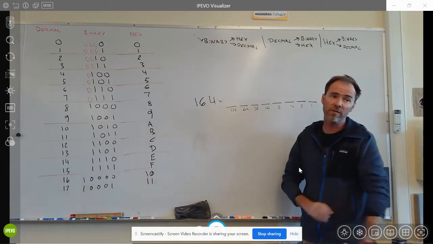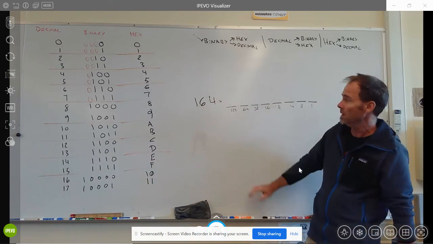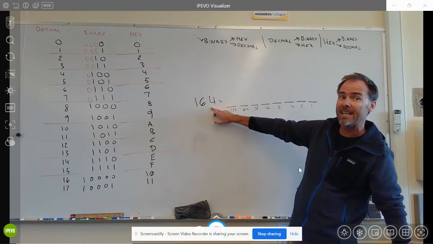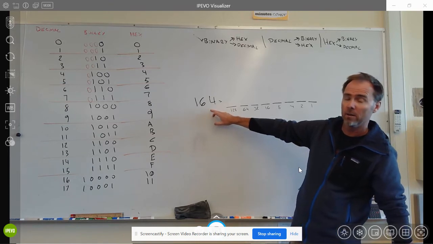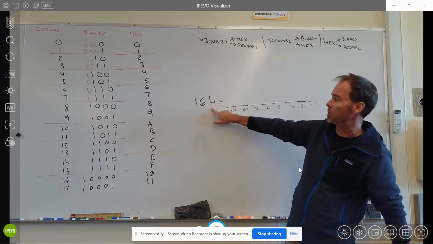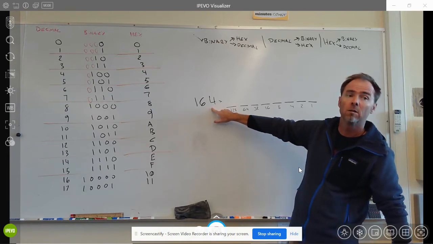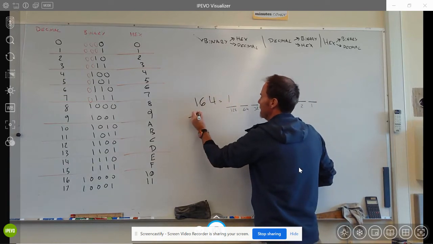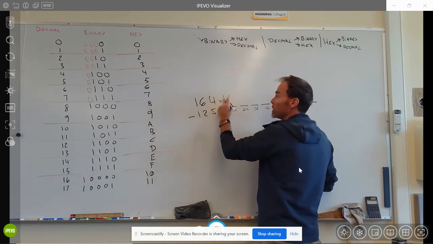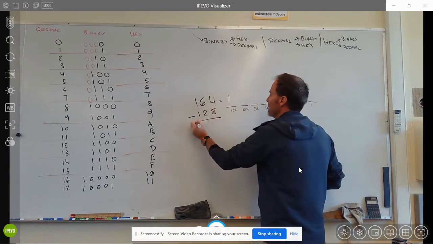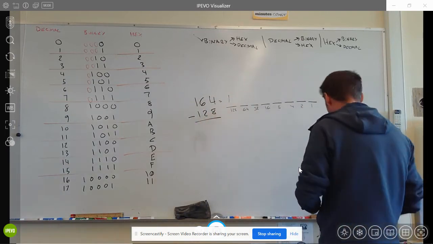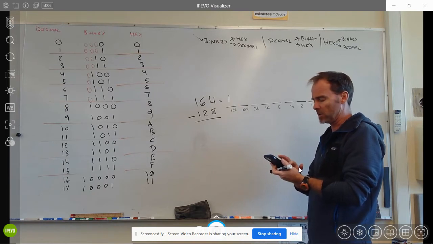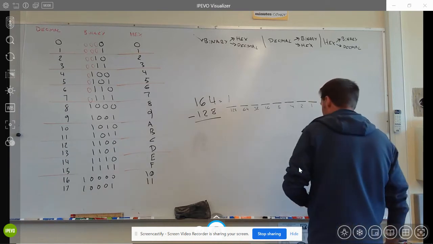For each of these, if my current number is at least that position's value, I'm going to need it, so I put a 1. Check it out. Is 128 smaller than 164? Yes. So I put a 1. Now I subtract 128 because I used that position. 164 minus 128 is 36.